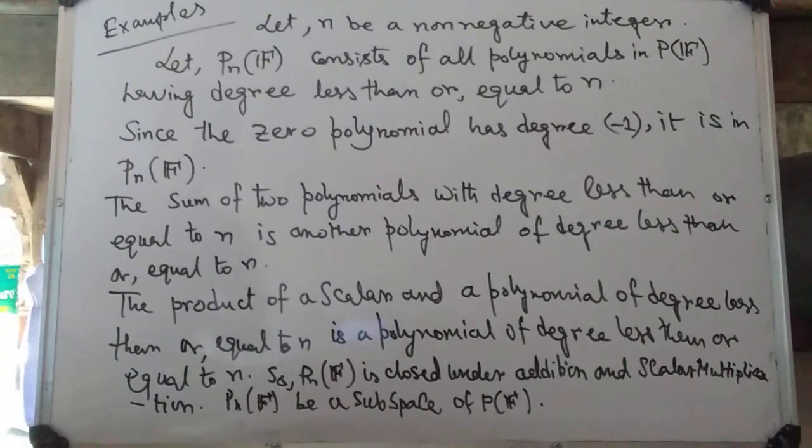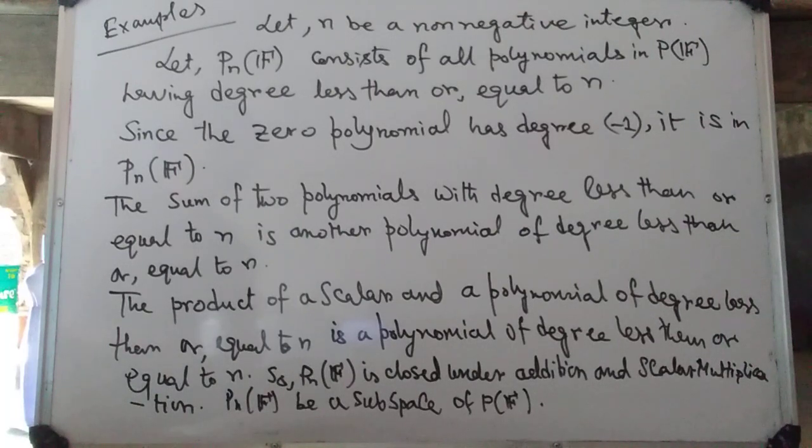Let n be a non-negative integer. P_n(F) consists of all polynomials in P(F) having degree less than or equal to n. Since the zero polynomial has degree -1, it is in P_n(F). The sum of two polynomials with degree less than or equal to n is another polynomial of degree less than or equal to n. The product of a scalar and a polynomial of degree less than or equal to n is a polynomial of degree less than or equal to n.